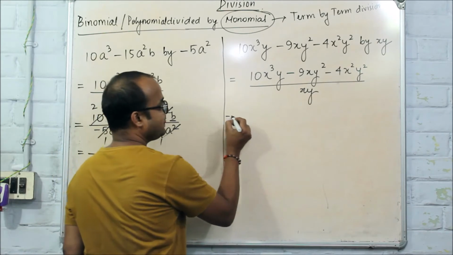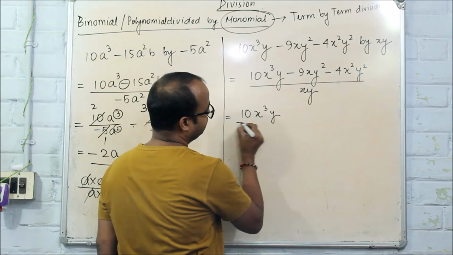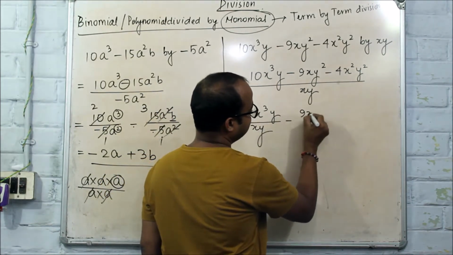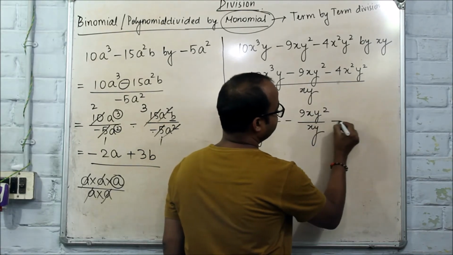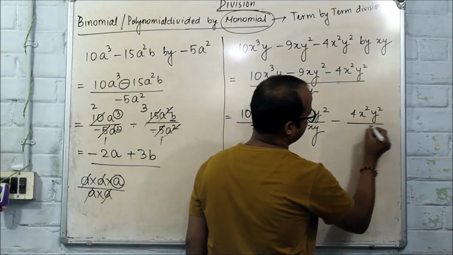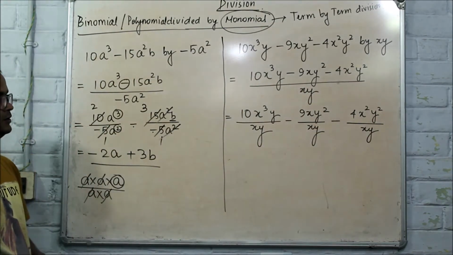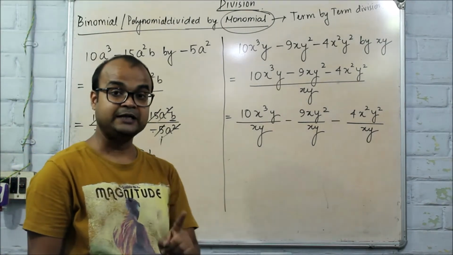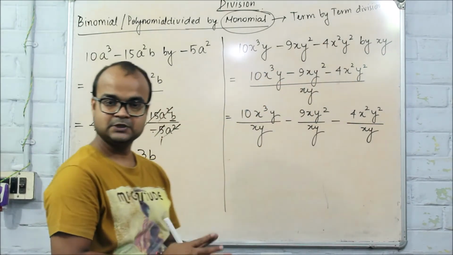So we write 10 x cube y by xy, minus 9xy square by xy, minus 4x square y square by xy. This step is known as term by term division. Clear?